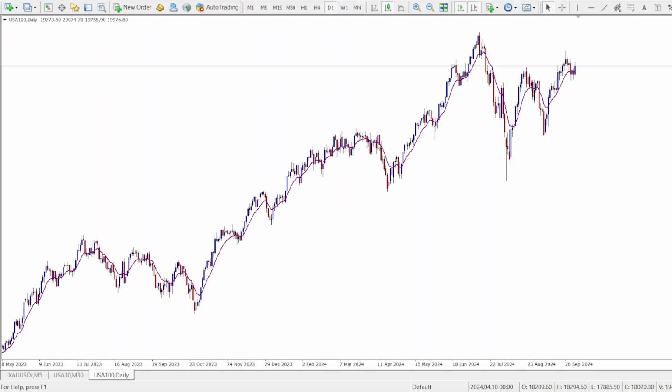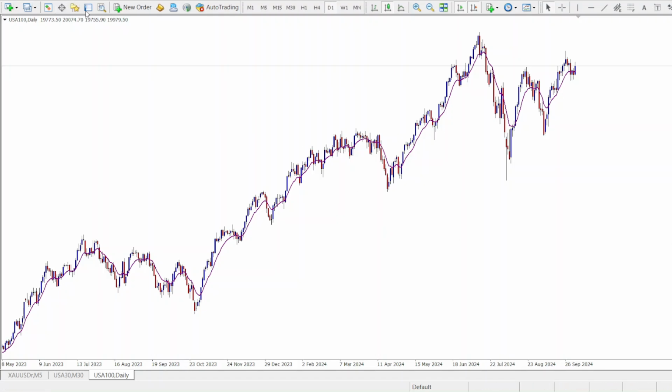You can see that the EMA had already bent down around here. So the EMA responds more quickly compared to the SMA. Now, the difference between the EMA and the SMA is that the SMA gives equal weight to all price points.